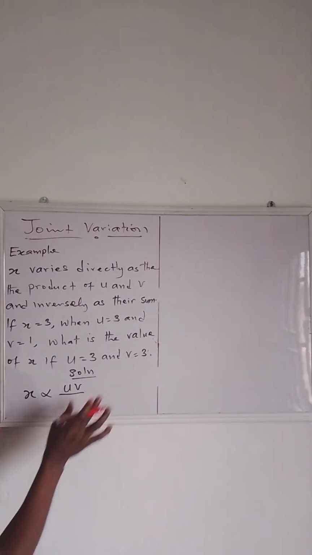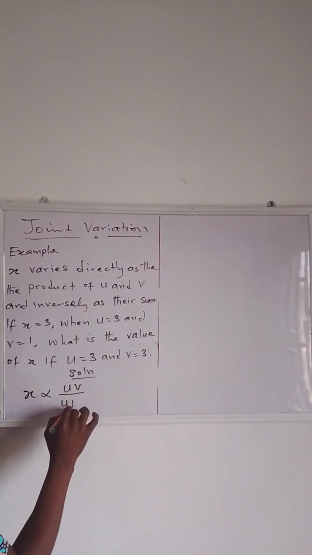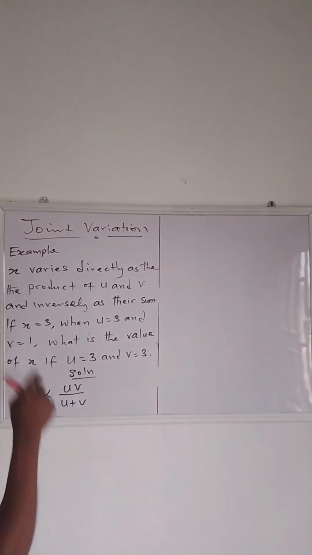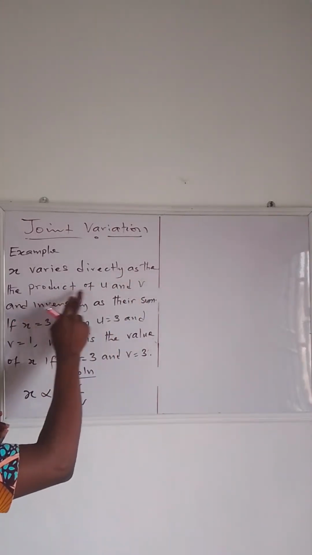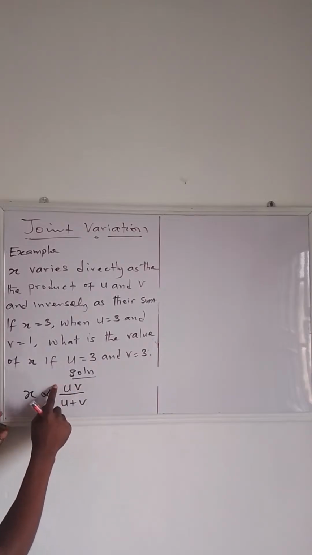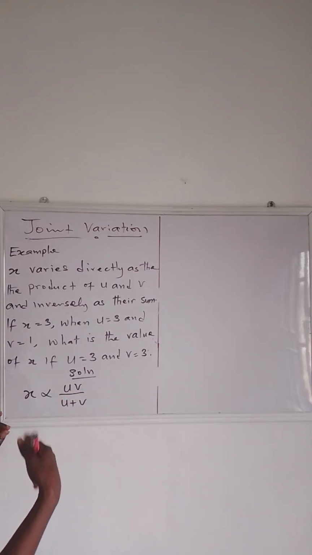The sum is referring to U and V, so we have U plus V. Hope you understand that. Now let me go through it again. X varies directly as the product of U and V, so this is the multiplication of U and V. And inversely, once you hear inversely, that means they're talking about the reciprocal.